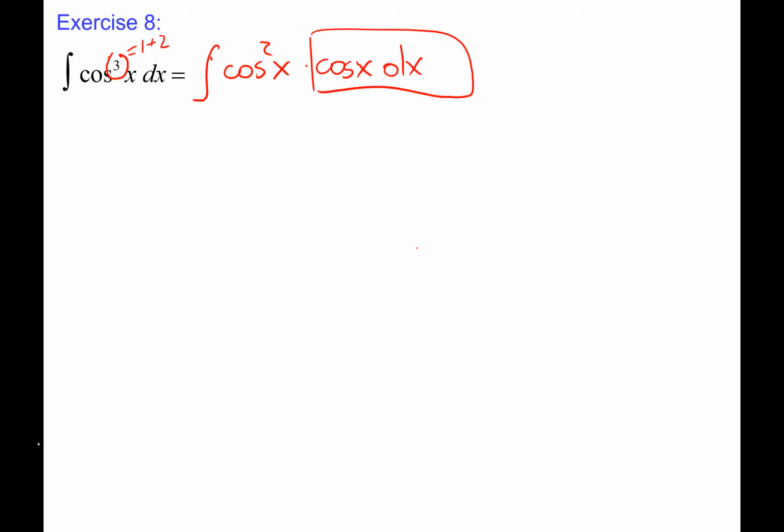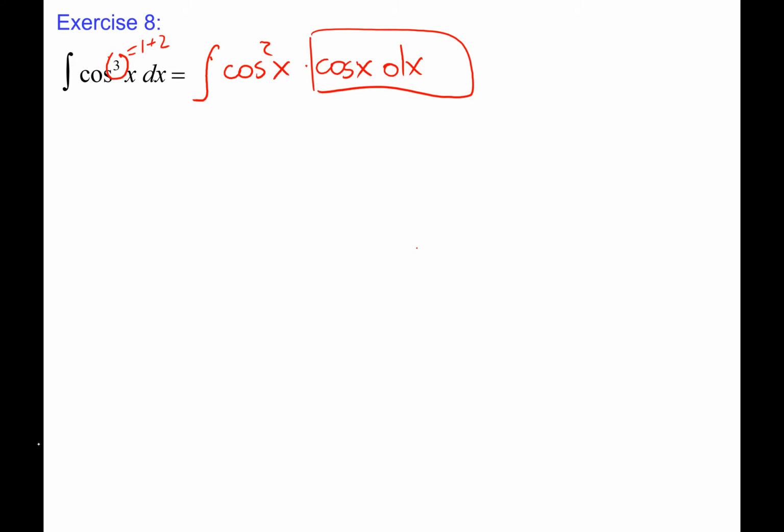Okay, you can actually think this way. As soon as I boxed the single cosine at the end, I should let u be the opposite function. Cosine and sine are opposite to each other in terms of differentiation and integration. That means as soon as you see cosine, let u be sine.